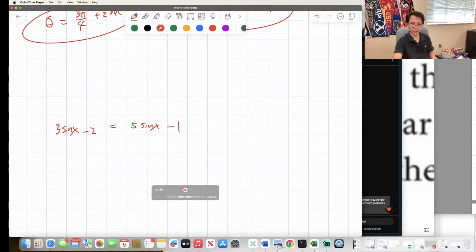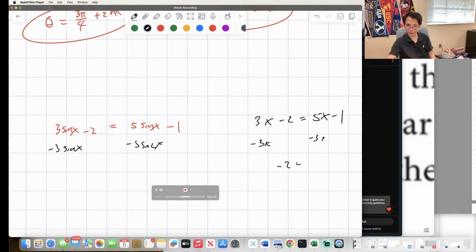So just like solving equations, no different compared to this. What's the difference? You subtract 3 sine of x on both sides, right? So you get negative 2 equal to 2 sine of x minus 1.